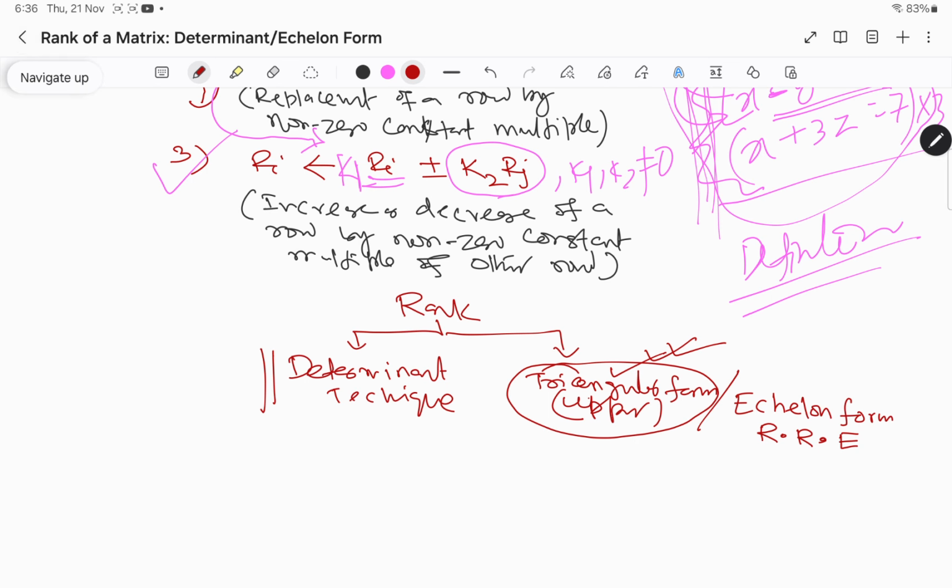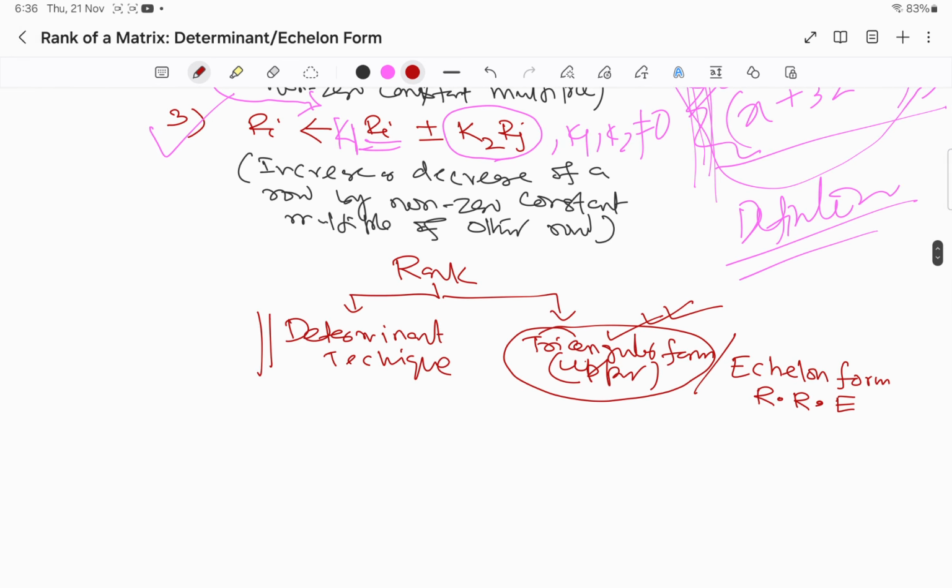Now coming to the determinant technique, let me write the definition of the rank of a matrix.